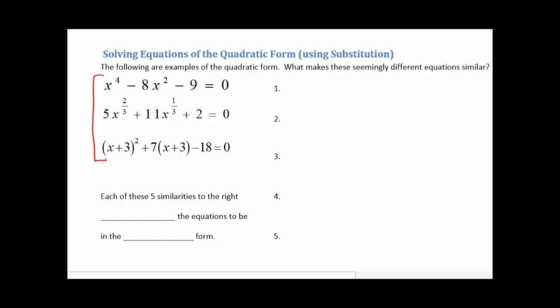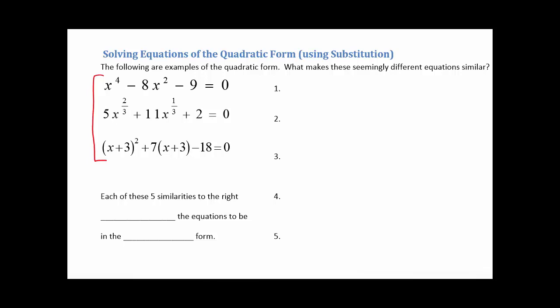Because there are certain characteristics, and that's what this list of 5 off to the side is. It's because of these characteristics that we claim they are in quadratic form and allow us to use this idea of substitution. All right, so go ahead and pause it, and then I'm going to go through the list with you.